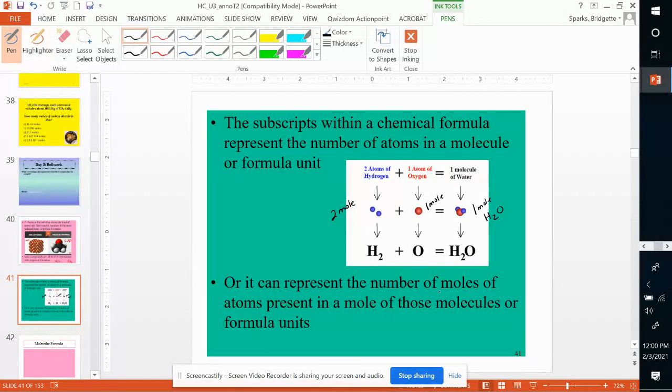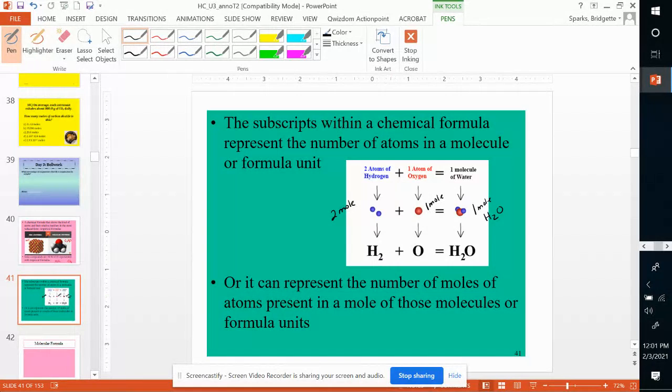Because remember, a mole is like a dozen, it's a counting value, right? So I could have just as easily said 2 dozen hydrogen will react with 1 dozen oxygen to make 1 dozen water, but that's not a counting value that makes sense in chemistry because our numbers are so big, and so we use what's called the mole. So these subscripts can stand for moles or atoms.